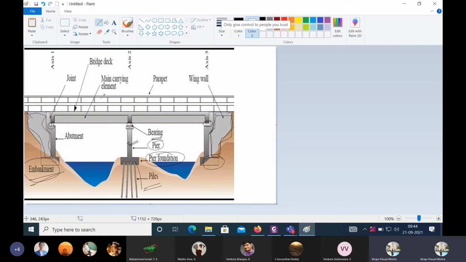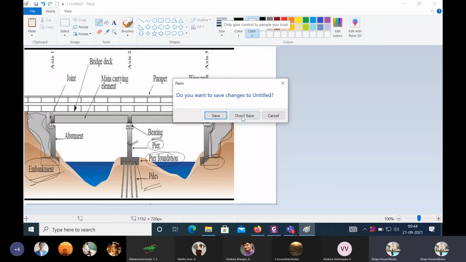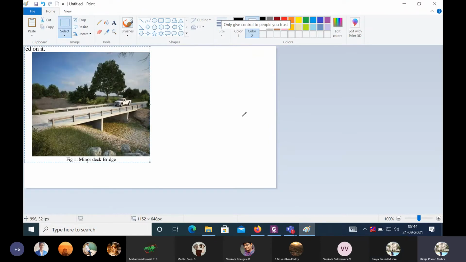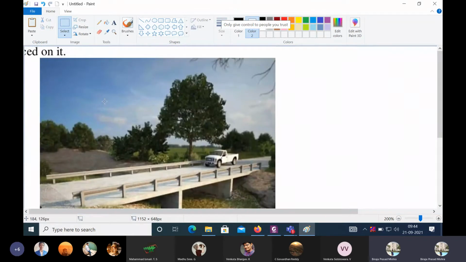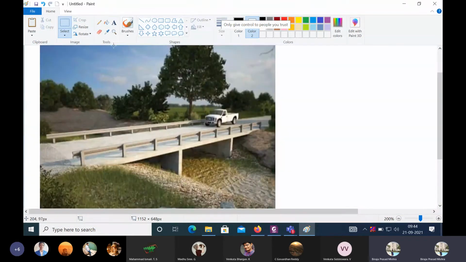I'm copying the image and pasting it here to show it. These ones are called the parapet walls, or the parapets.